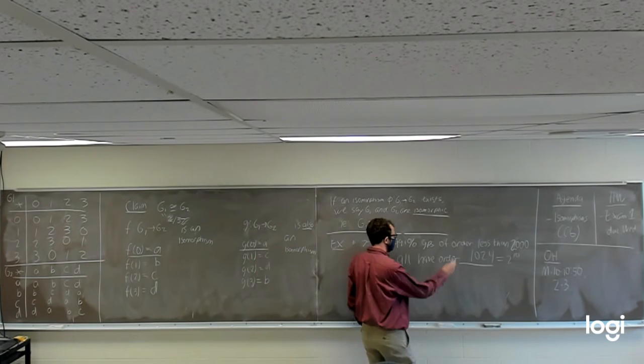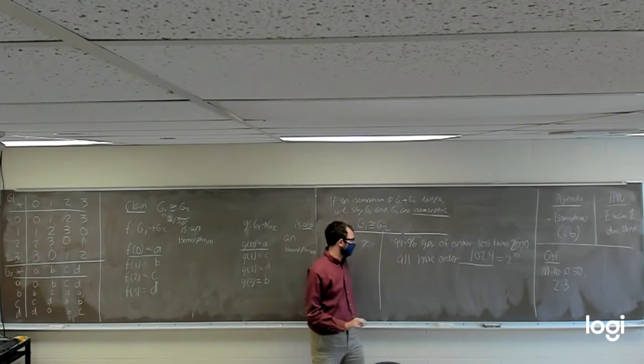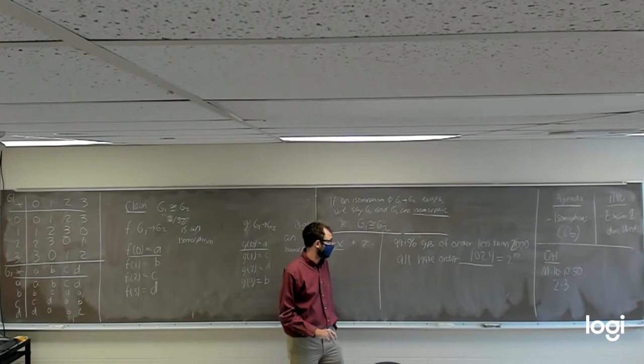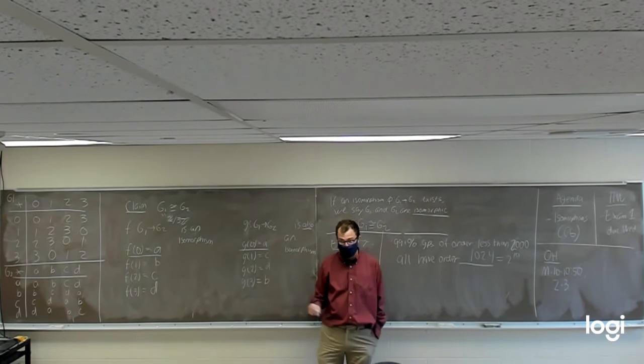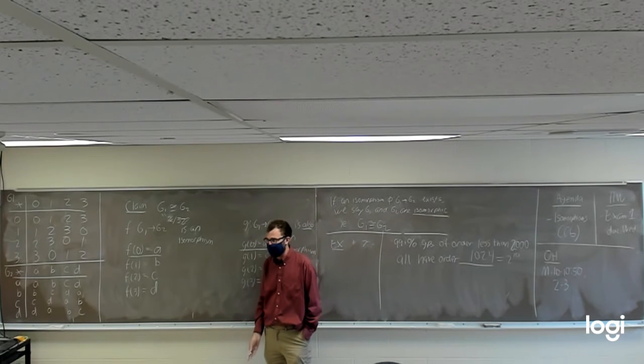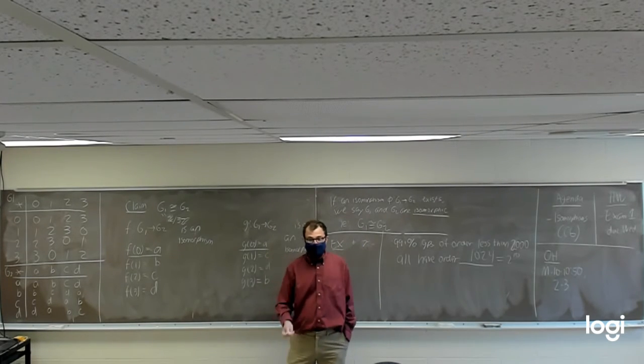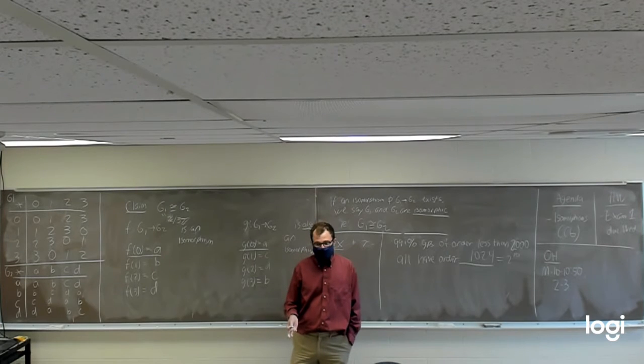If I had changed this to 3,000, then I could have said 99%+ of groups of order less than 3,000 all have order 2,048 by similar reasoning. I think. No, I'm not going to prove this. That would take the entire rest of the semester.